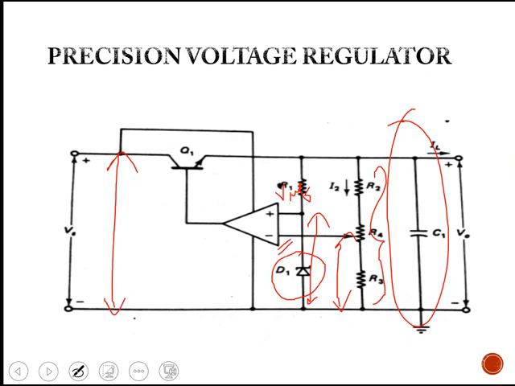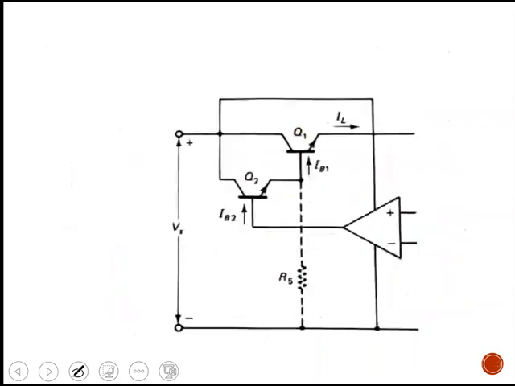So any variation in V0 will lead to small variation in VZ, therefore trying to maintain the output voltage constant. So based on the values of R2, R4 and R3, we can adjust the voltage which is applied to the negative terminal of the op-amp.